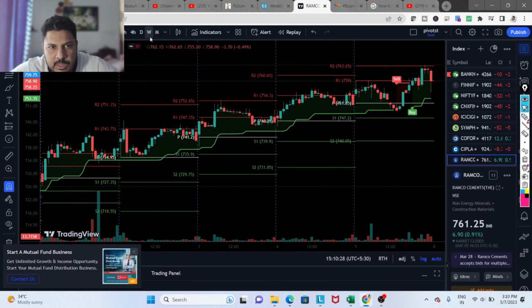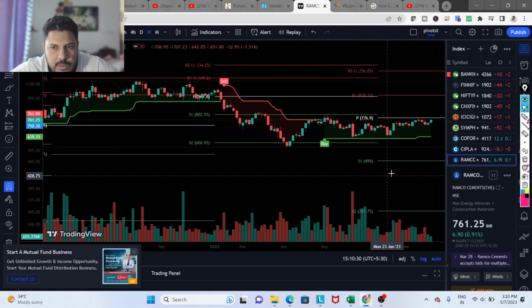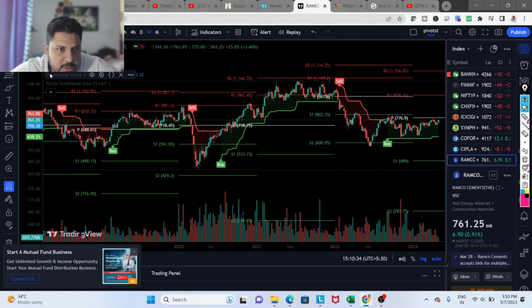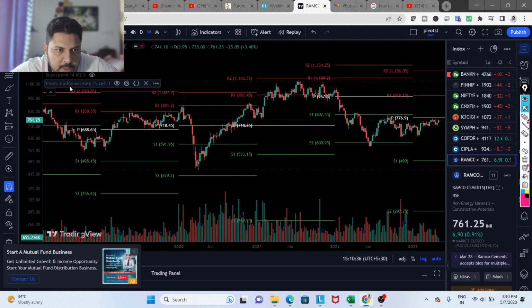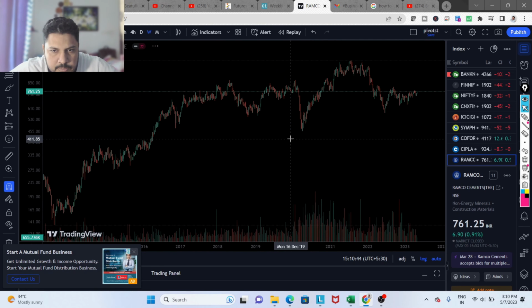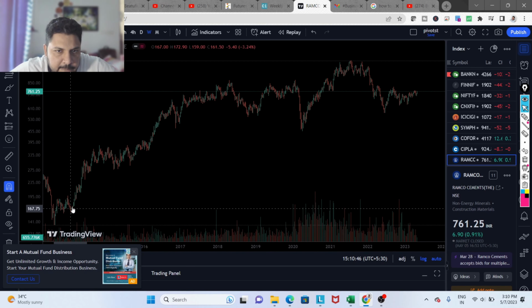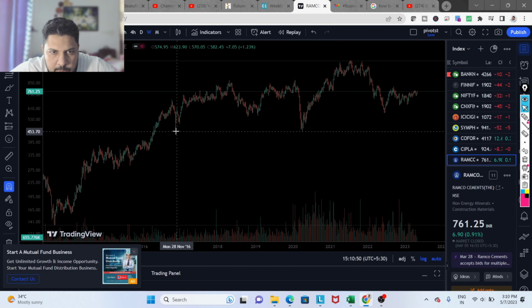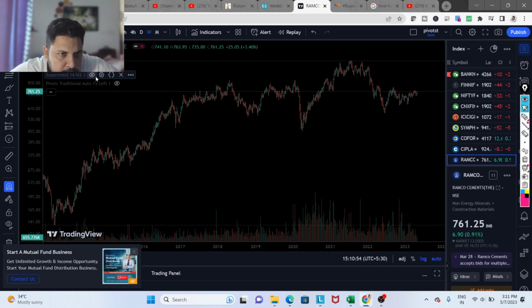And this has been in a good run overall. Let me just disable super trend and disable pivot points and have a look at this stock overall. Uptrend, then a little bit of retracement.